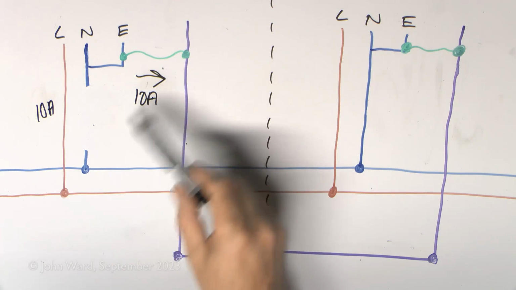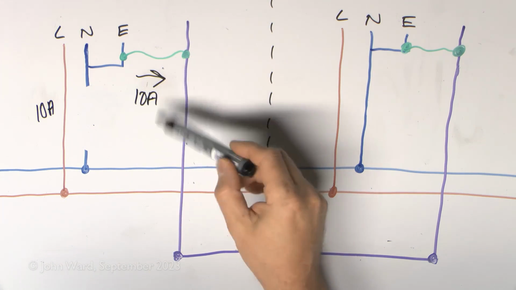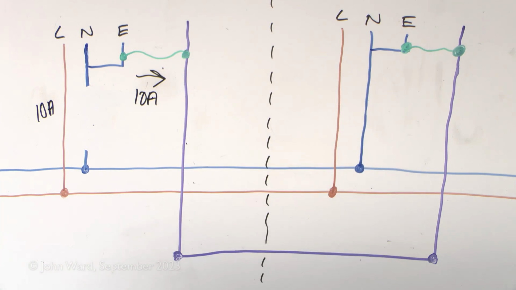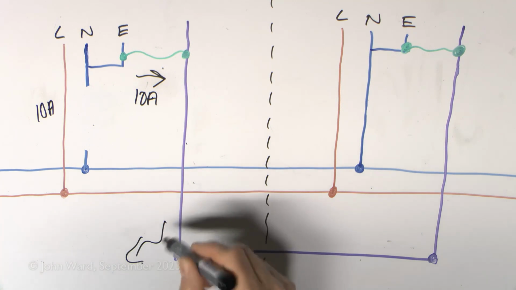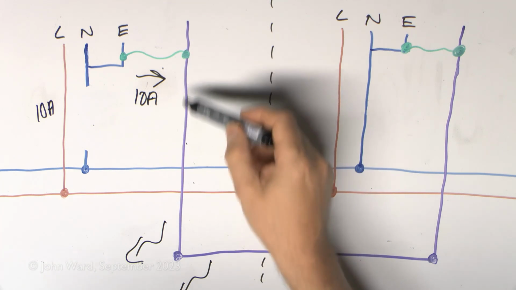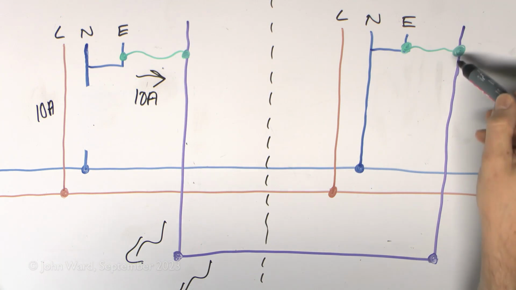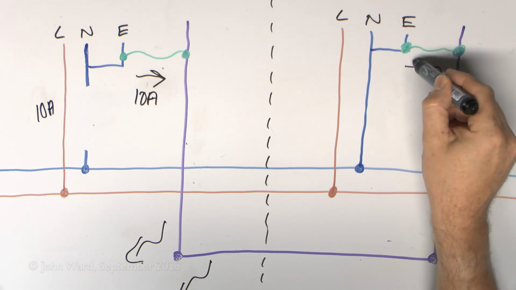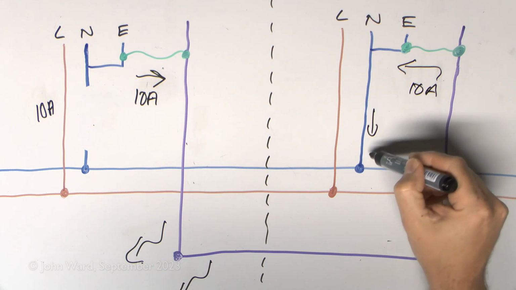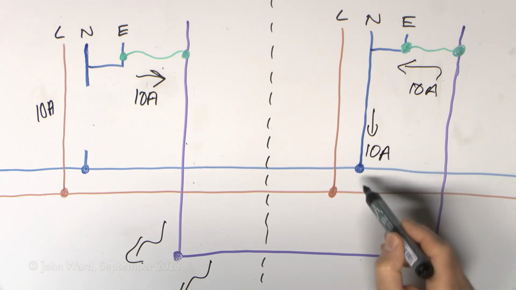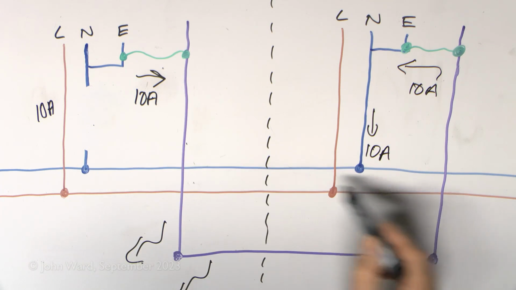So 10 amps going there, 10 amps going via our bonding conductor, 10 amps going via our water pipe. Some of that may end up going into the ground itself via the fact that it's just buried in the ground, but the vast bulk of it is going to go along the copper into next door, and you're going to have 10 amps here and obviously also 10 amps there going back to the C&E conductor.